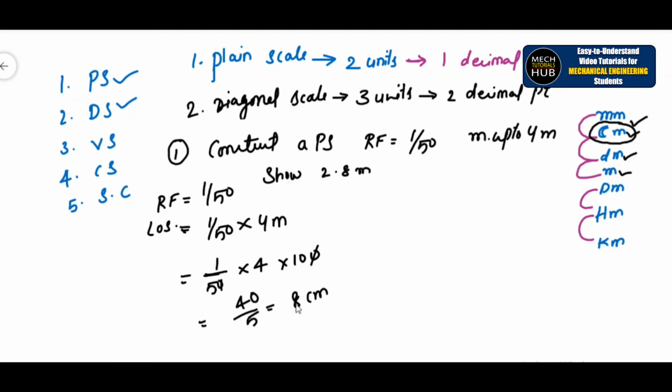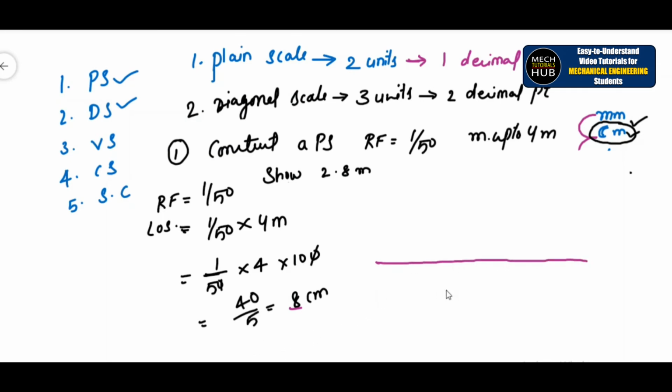After developing this length of the scale, we need to measure a distance of 2.8 meters. For that I'll take some space here. Let me erase this portion of the sheet. Alright, now let me draw the sketch. Now I'll consider this 8 centimeters and simply draw a line of 8 centimeters.